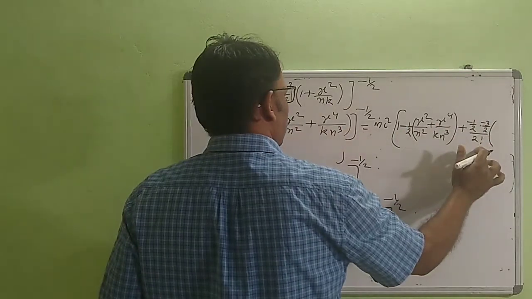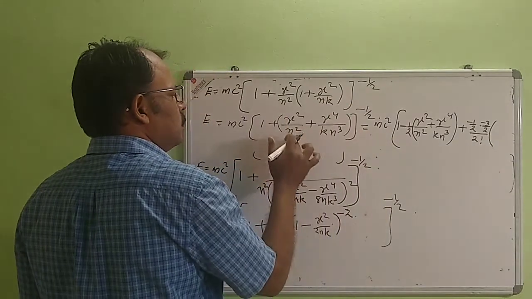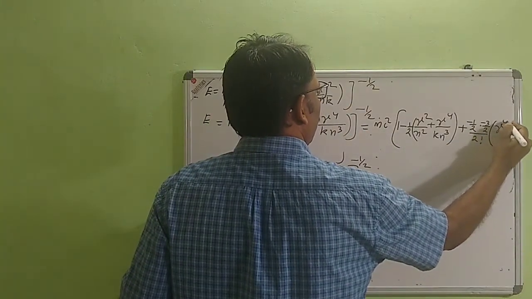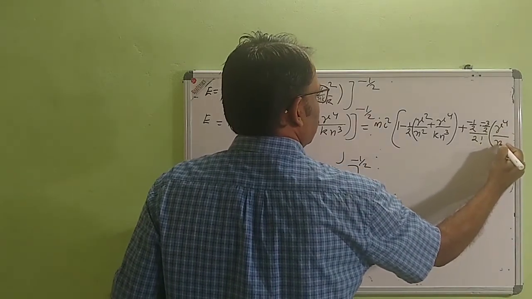So n into n minus 1 by 2 factorial into x square. Square of this I am taking only this term, gamma raised to 4 by n raised to 4.